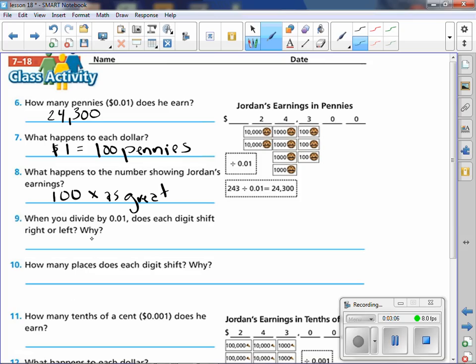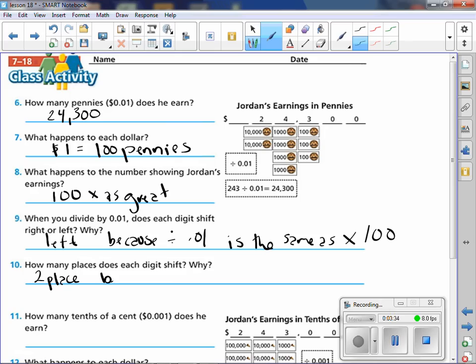When you divide by 1/10, each digit shifts left because dividing by a tenth, or a hundredth, sorry, is the same as multiplying by 100. Okay, we move 2 places because each digit is 100 times greater.